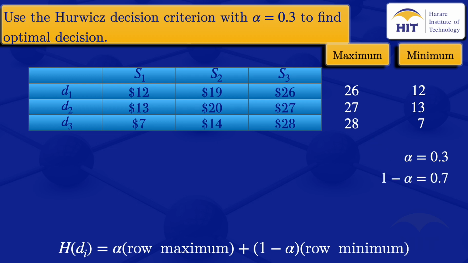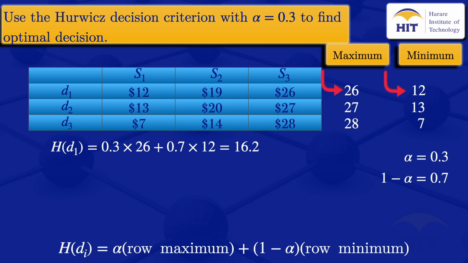Now we go on and calculate the Hurwicz criterion value for decision 1. Using this formula here, it will be 0.3 times 26 plus 0.7 times 12, which gives us 16.2. We use the maximum and minimum values which are appearing here. For decision number 2, we have the maximum and minimum values here.